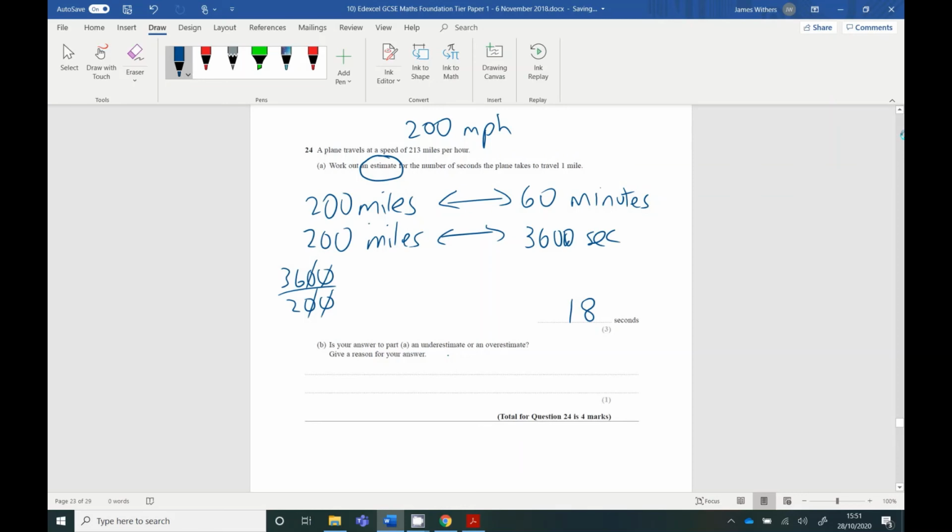So 18 seconds is an overestimate. So it's an overestimate because the speed we have used in our estimate is less than the true speed. Something like that.